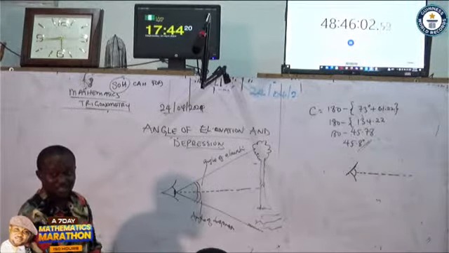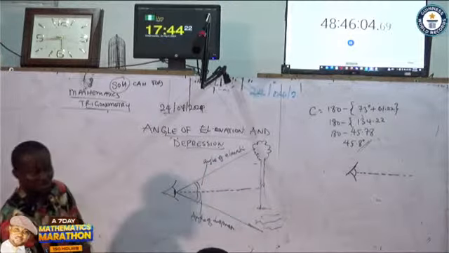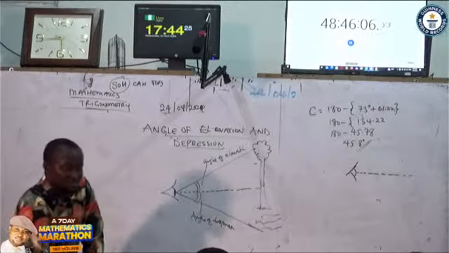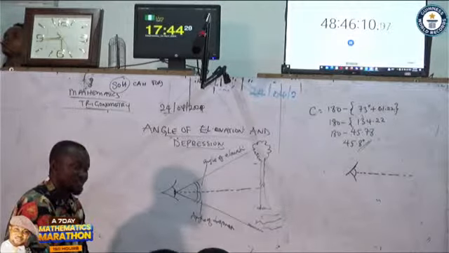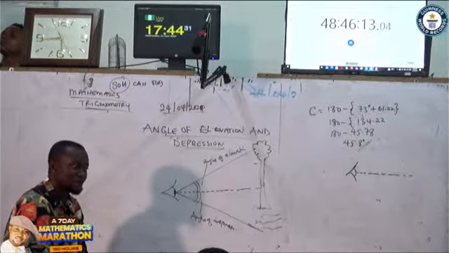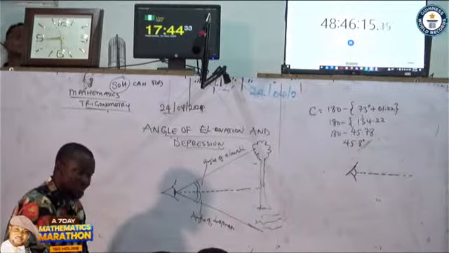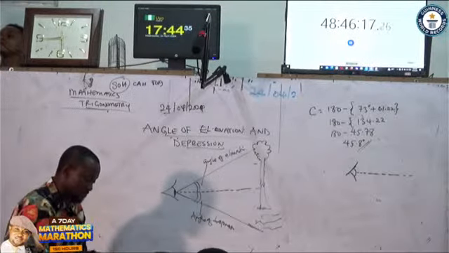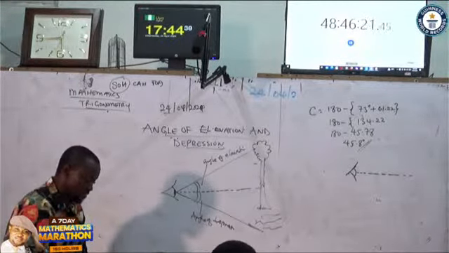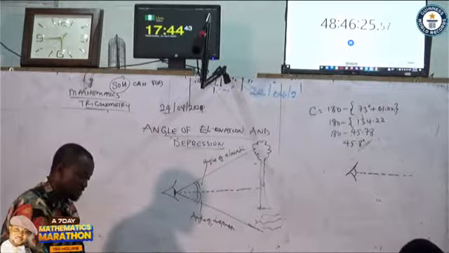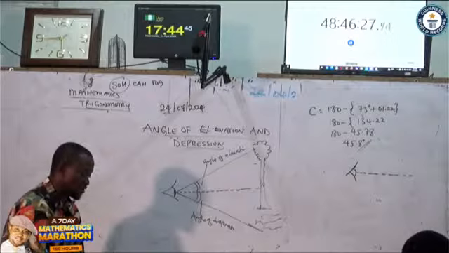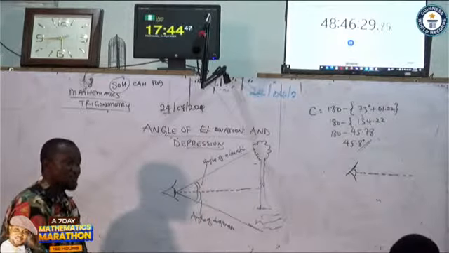Every year, angle of elevation and depression must come because those questions are always very technical. So let's try and solve examples to see how we can understand.